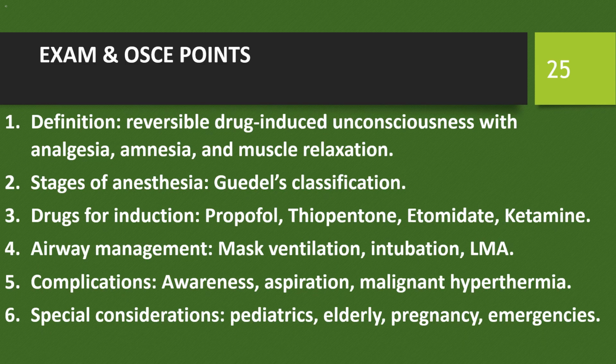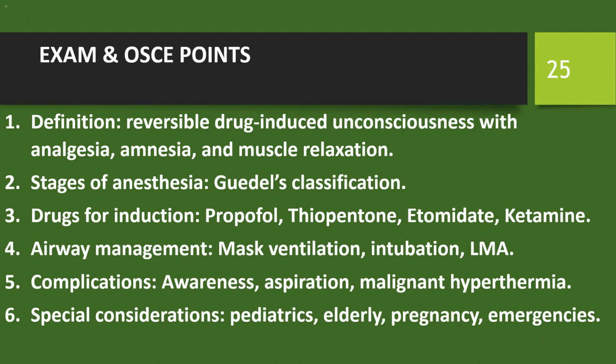General anesthesia provides pain relief, memory loss, and muscle relaxation, ensuring a comfortable and safe surgical experience. 2. Stages of anesthesia. 1. Guedel's classification, a historical classification system that describes the stages of anesthesia, from analgesia to overdose.